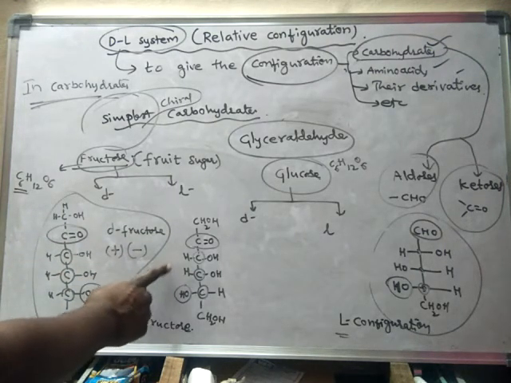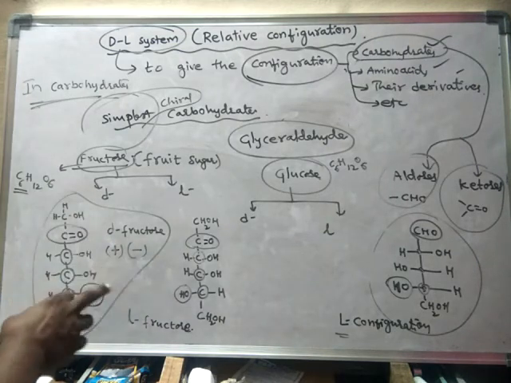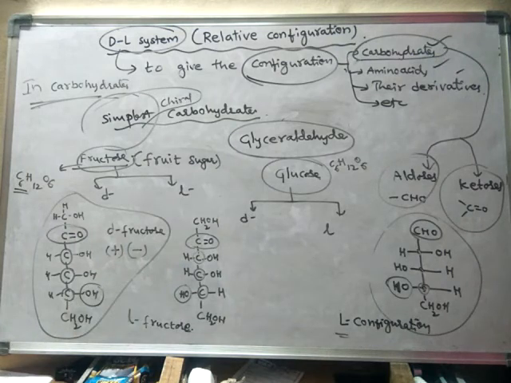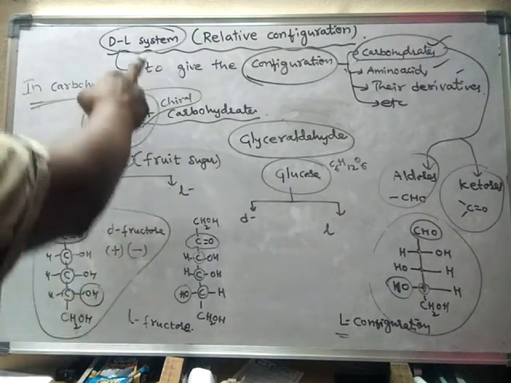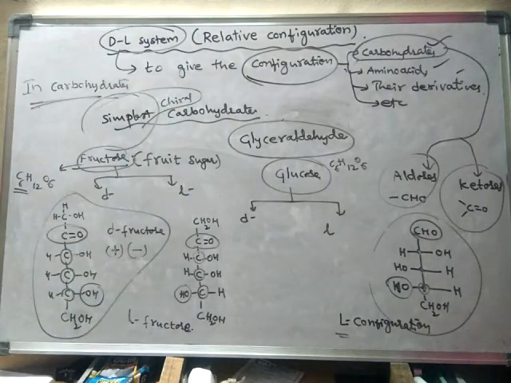If this is the D form, this will be the L form. If it is dextrorotatory, then this will be levorotatory. So DL is different from dextro and levo. DL is related to relative configuration, but dextro and levo are related to rotation.